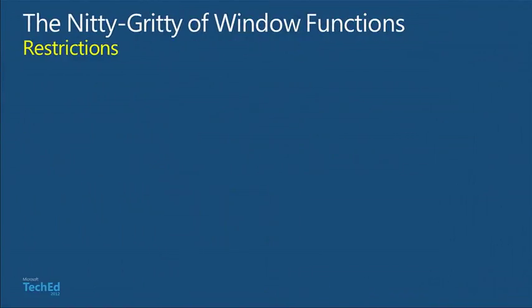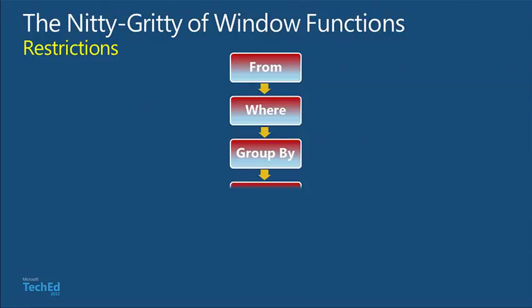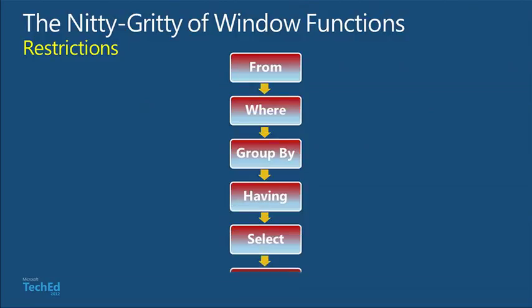Restrictions. I was actually very surprised when I was answering questions at the MSDN forum. So many developers are very confused about the order of logical query processing. Logically, a query starts from the FROM clause.